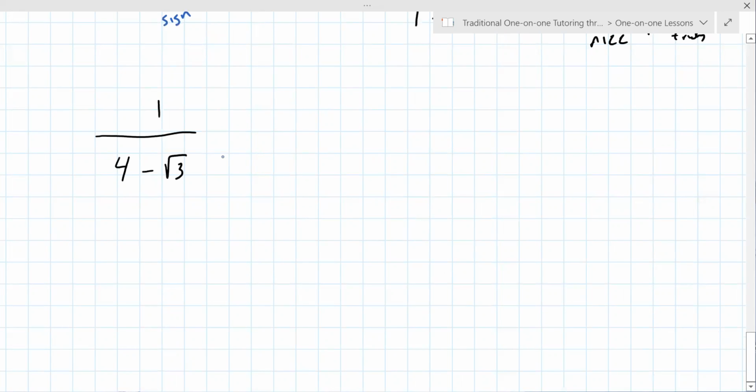The conjugate in this problem is 4 plus the square root of 3. The conjugate is always just changing the sign in the middle. So if this were like negative 4, it would still be negative 4. The minus is what changes.